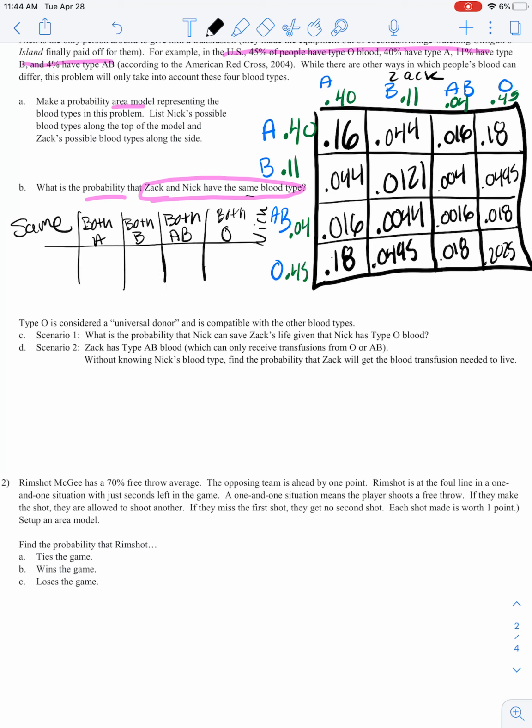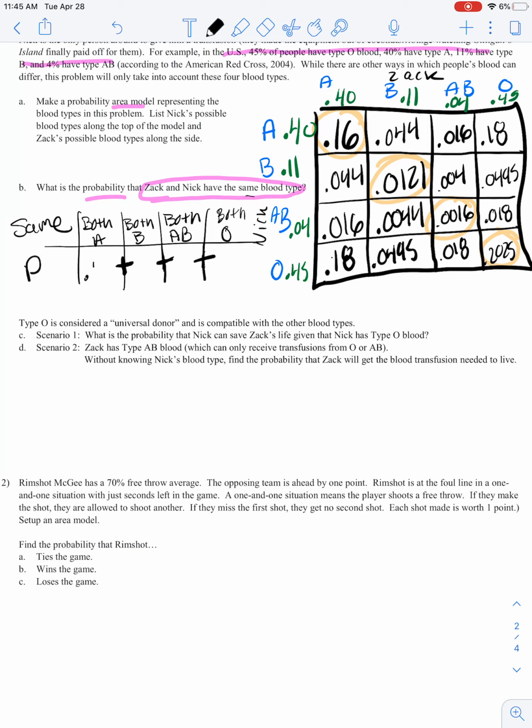Alright, so we're going to take all of those probabilities from our chart and just add them together. So let's look. Right there down the middle diagonal is where they would have the same blood type.